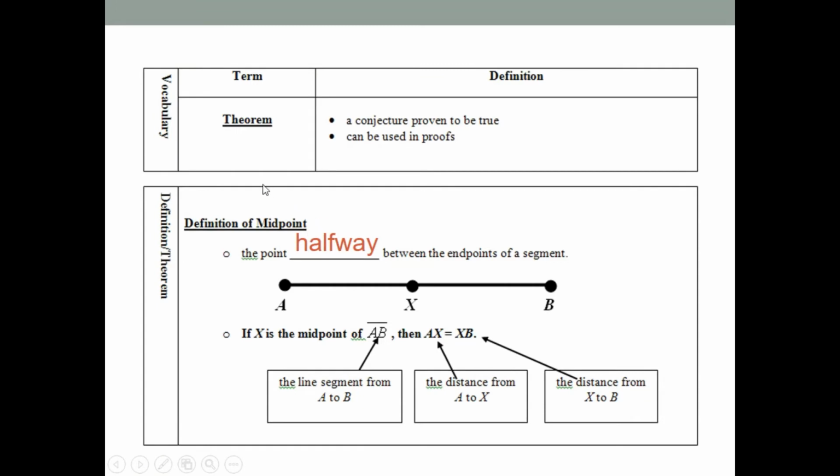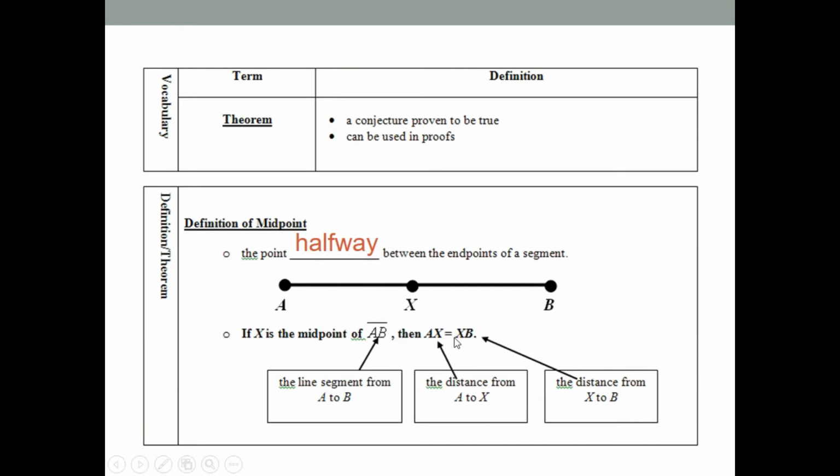So we use the definition of a midpoint in a proof if we know that something is a midpoint, like in this example, X is a midpoint of AB. We use it to then be able to say that two parts are equal. The two halves have to be equal.